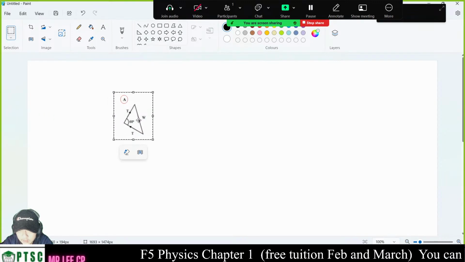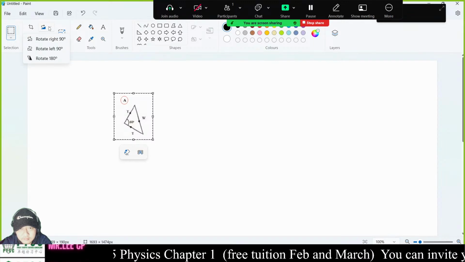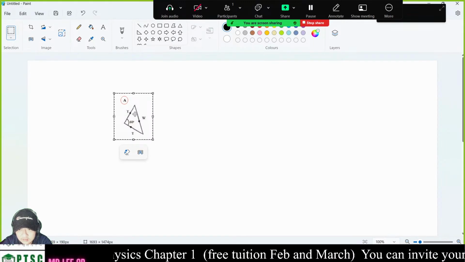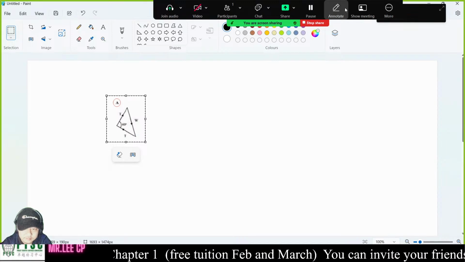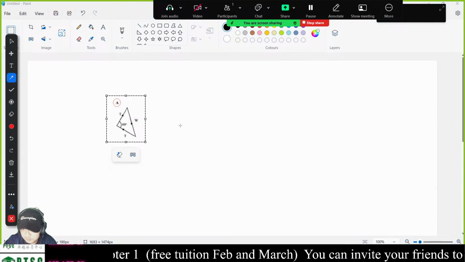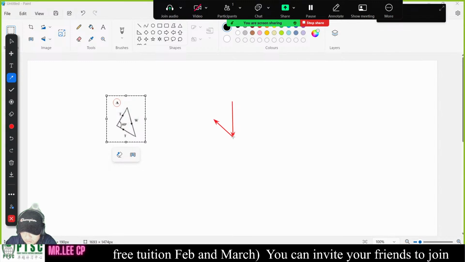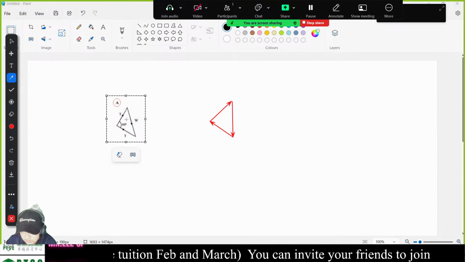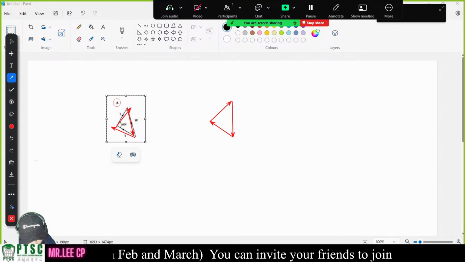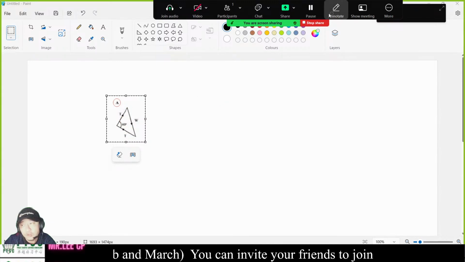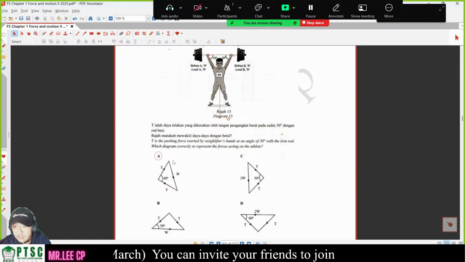I try to turn it, but it can only rotate 90 degrees. So it's supposed to be: W is going down, this one is going this way, this one is going this way. Their directions are all correct, but it's just not right to go down only. The others are okay. So I put the answer as A.